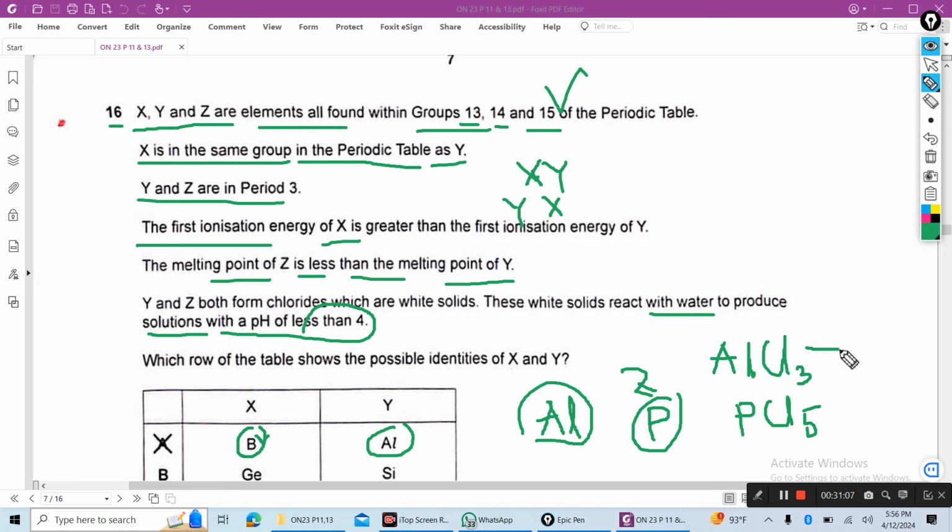So aluminium chloride dissolves in water to produce hydrogen ions, this is acidic, and phosphorus pentachloride dissolves in water to produce phosphoric acid and hydrochloric acid, so pH less than 4 is the right answer, correct answer.